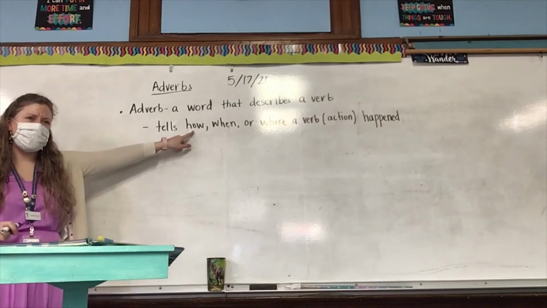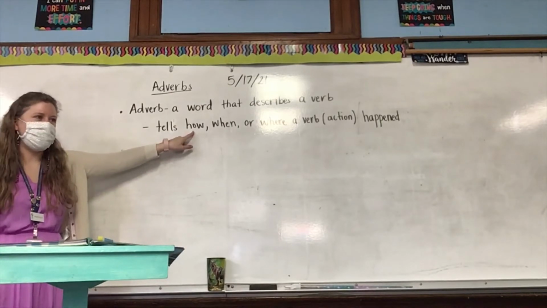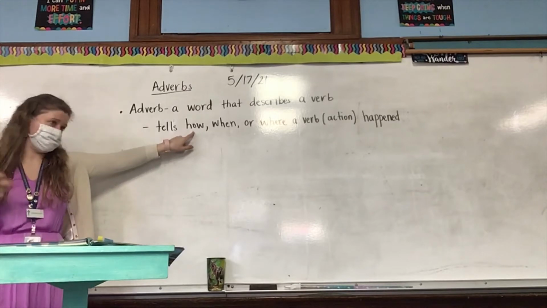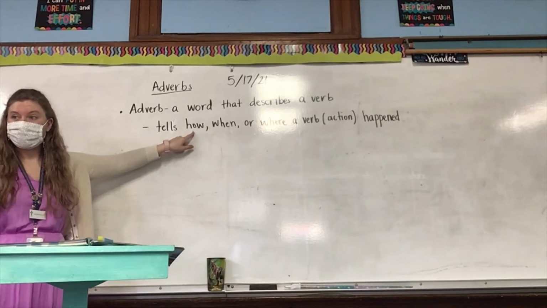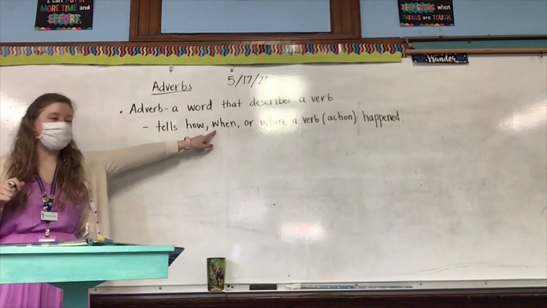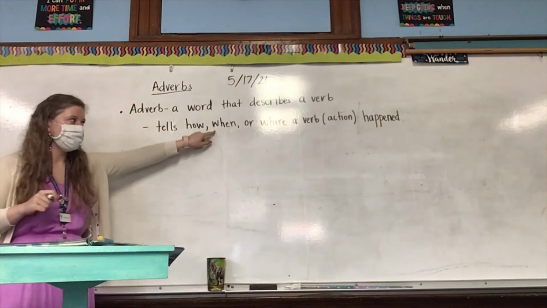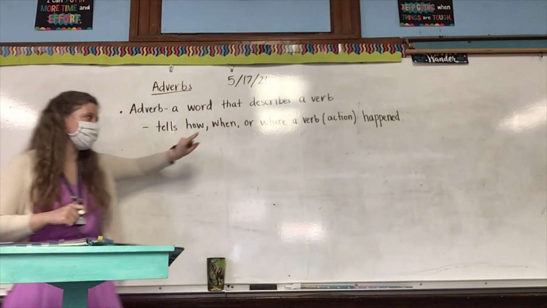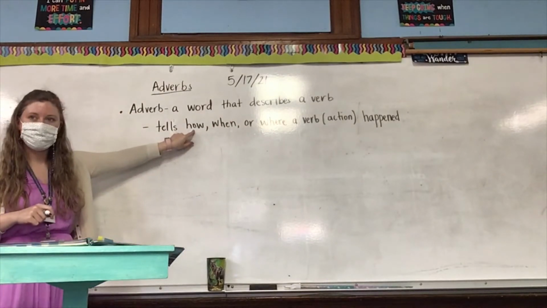Can we say how a noun happens? Can I describe how a cat? Can I describe when a cat? Can I describe where a cat? No, but can I describe how the cat ran?